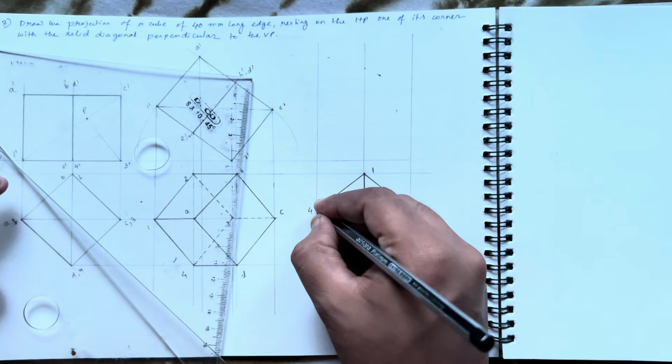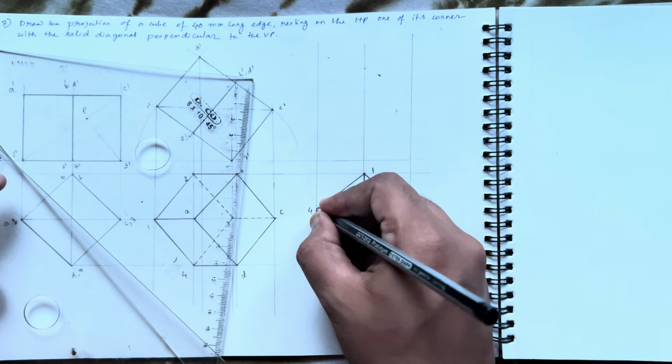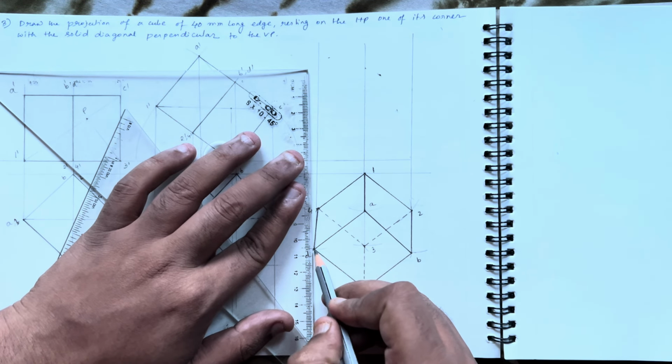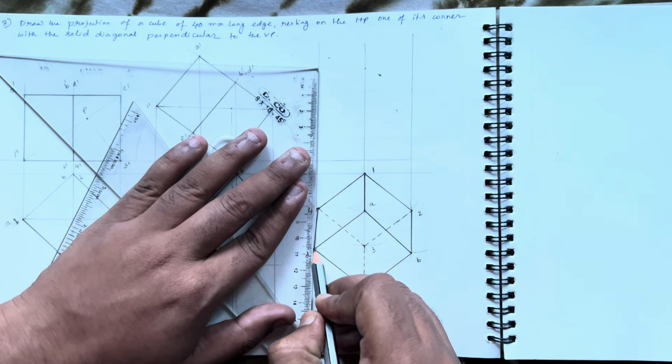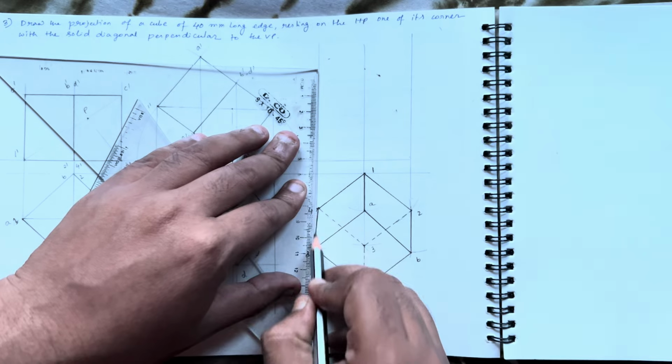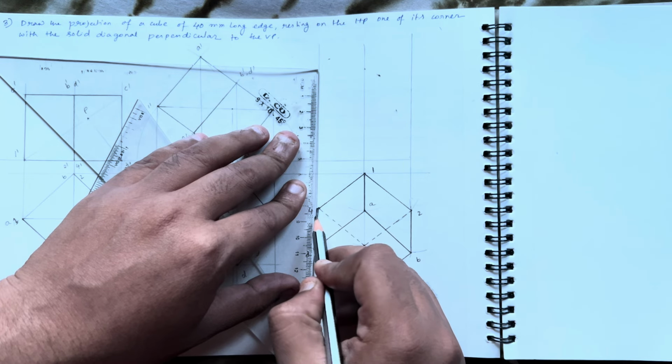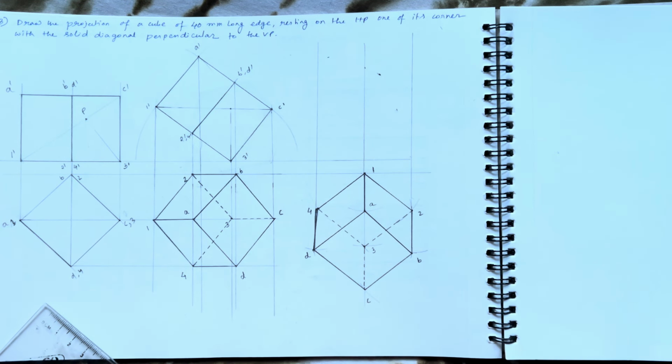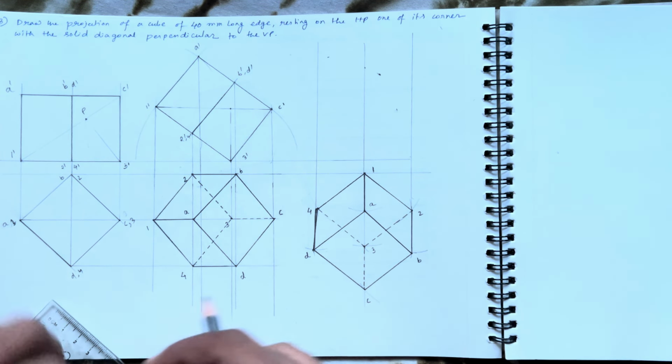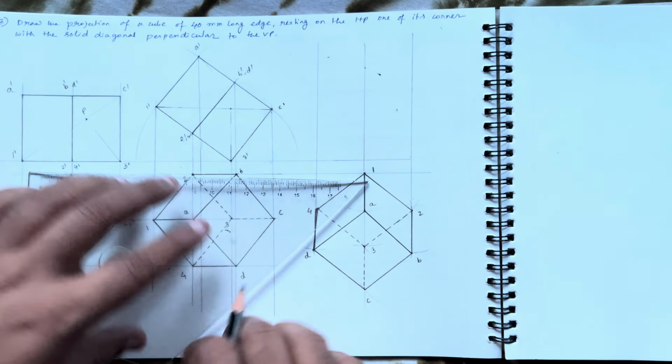So these points would be like here. Okay, now project all the points from here also.